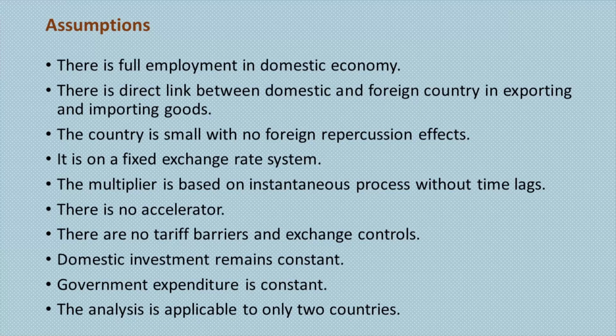Then the assumption is that there is no tariff barrier, and we capture the trade flows only through our model, with no non-tariff and tariff barriers. Domestic investment is also constant, government expenditure is also constant, and the analysis is applicable to only two countries.